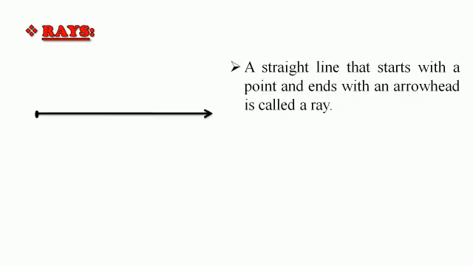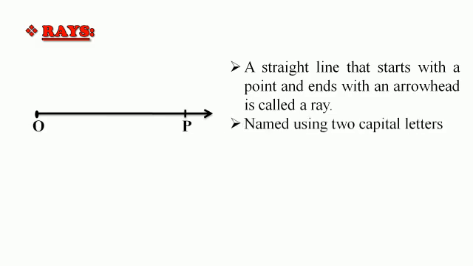The next shape is a ray. A straight line that starts with a point and ends with an arrowhead is called a ray. The point from which a ray starts is called its origin. A ray is named using two capital letters.